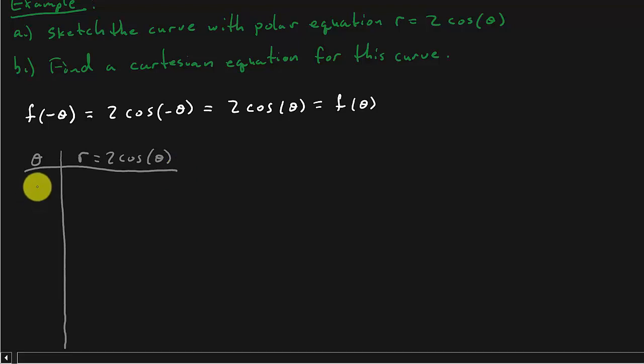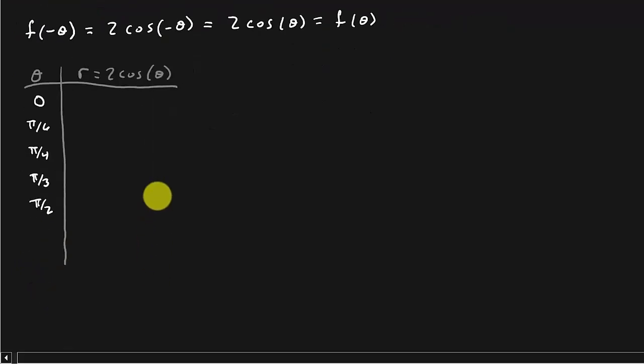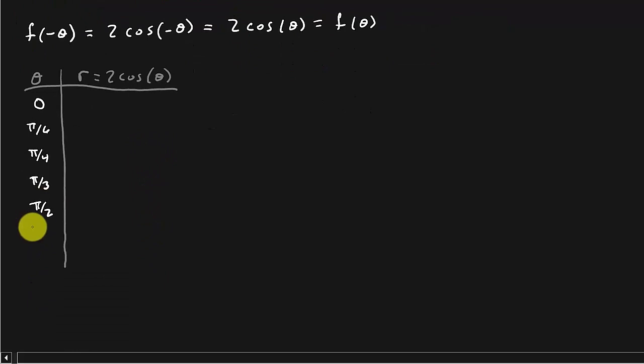So let's just start out with 0. And how about pi over 6, pi over 4, pi over 3, maybe pi over 2. How about 2 pi over 3, 3 pi over 4, 5 pi over 6, and pi.